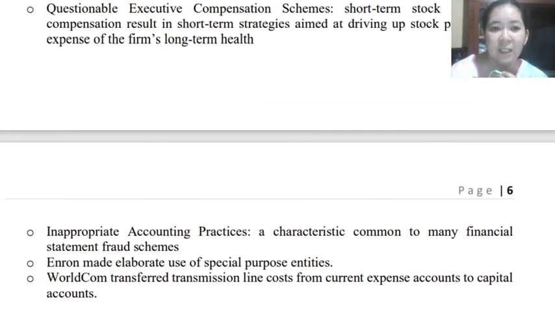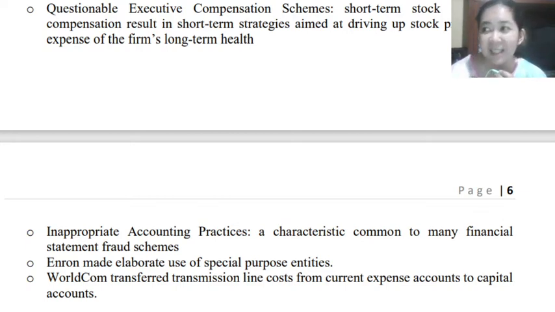Okay, another is, in these cases also, there are inappropriate accounting practices present. This is a characteristic common to many financial statement fraud schemes. So again, it definitely is a fraud. Another is, Enron made elaborate use of special purpose entities.